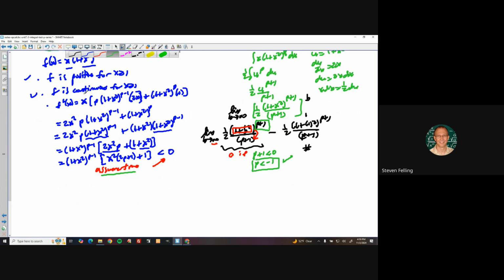Okay, if p was less than -1, this term would be 1 + x squared to some sort of negative number here, right? And then we've got x squared, and this 2 times p + 1. If p is less than -1, that means that this is a negative number in here, plus a 1, right?